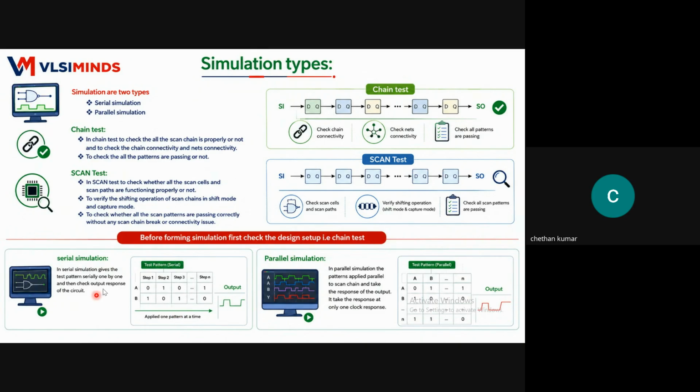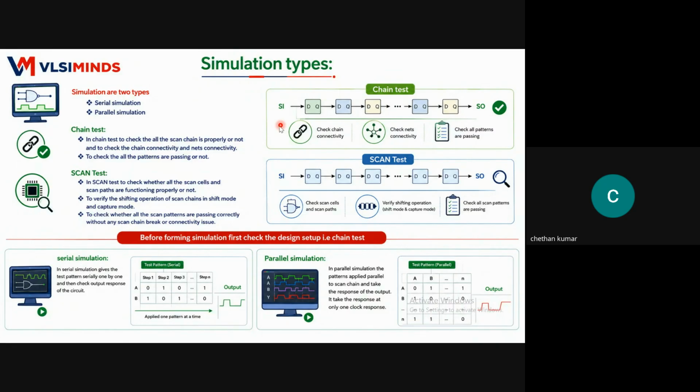Whereas in case of parallel simulations, either chain patterns or scan patterns, all the patterns will be applied in parallel across each scan chain, and it requires only one clock pulse to get the response out, because each flip-flop is applied with its inputs in parallel.